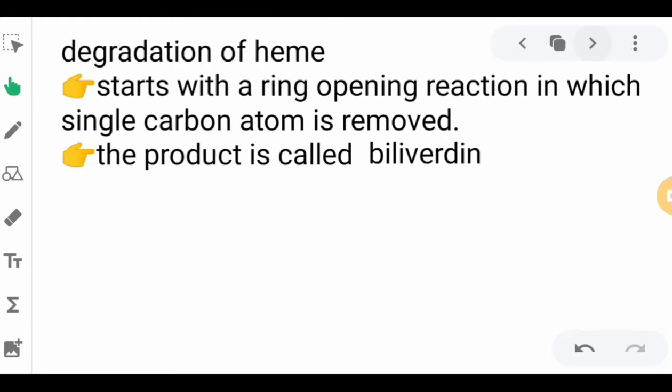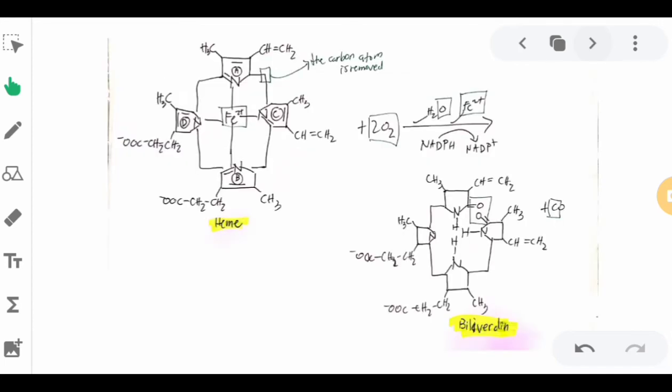The degradation of heme begins with a ring-opening reaction in which a single carbon atom is removed, and the product is called biliverdin. So this is the heme. The ring here will be opened when it reacts with molecular oxygen gas.